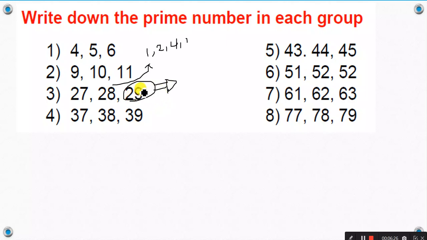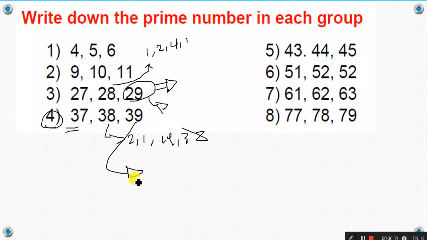It is divided only by itself and 1, so it is prime. From group 4, 37 is prime. 38 is not prime because it is divided by 1, 2, 19, and itself. 39 is not prime because it is divided by 1, 3, 13, and itself. So it has more than 2 factors, so it is a composite number, not a prime.